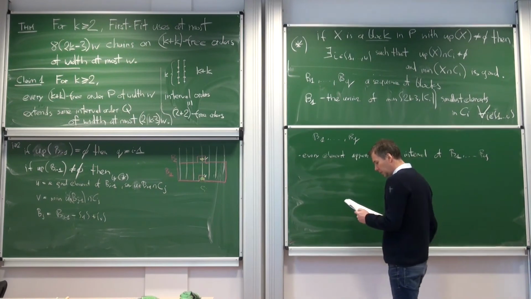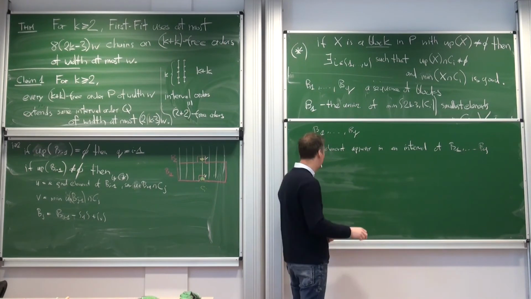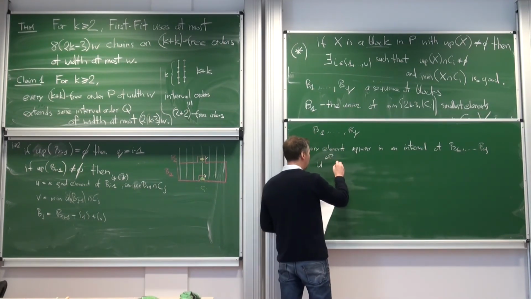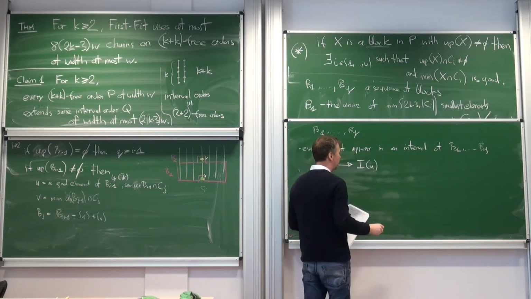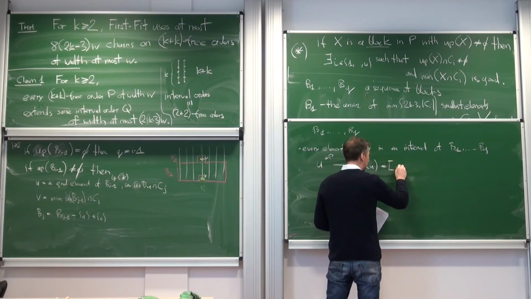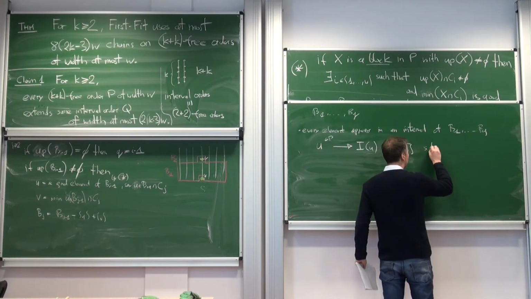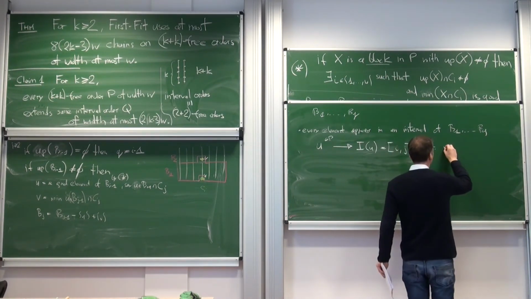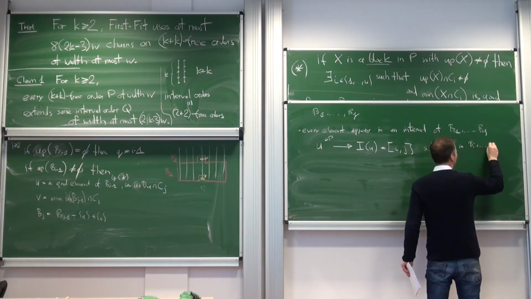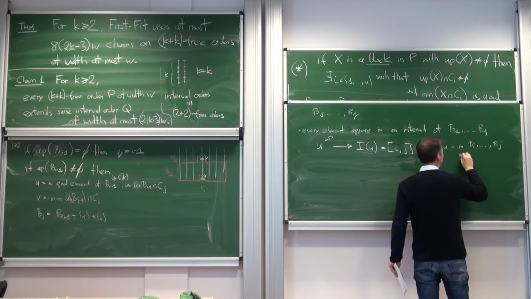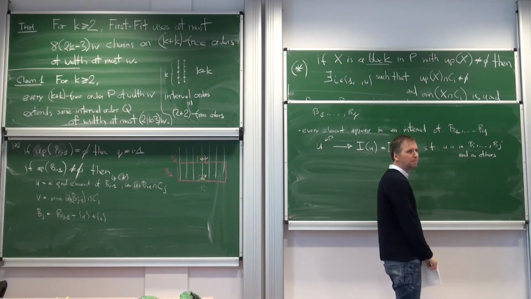So now, given an element U in the poset P, U belongs to P, we send it to an interval, IU, which is a closed interval ij, such that U is in Bi up to Bj and no others. Okay?